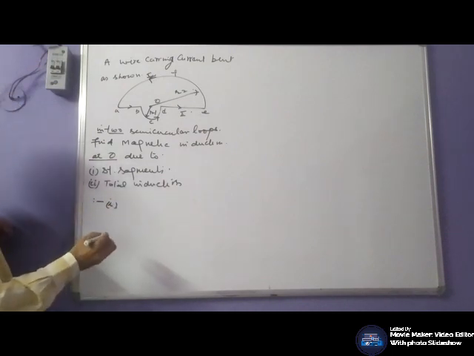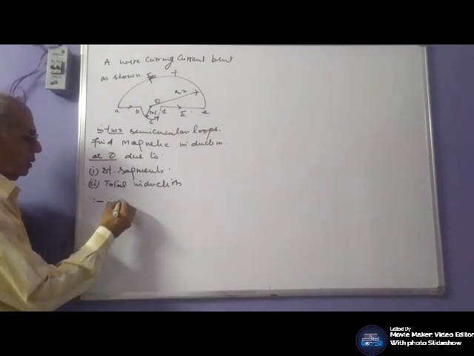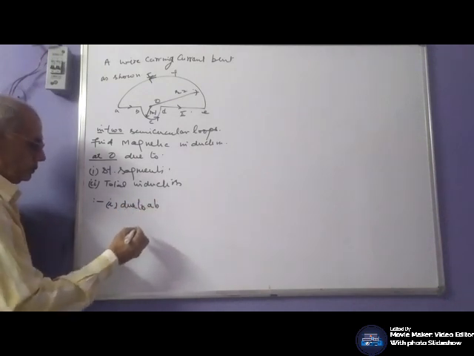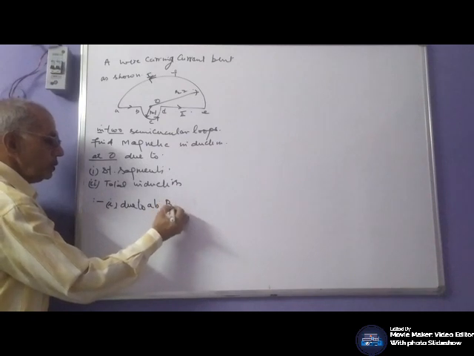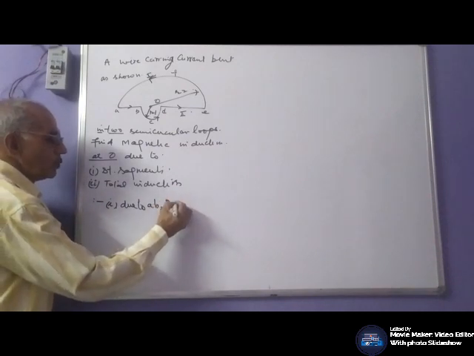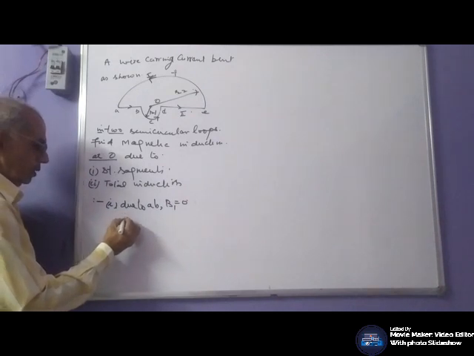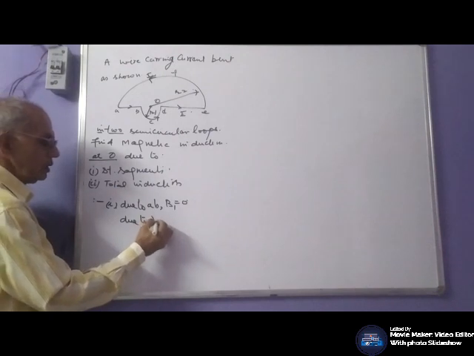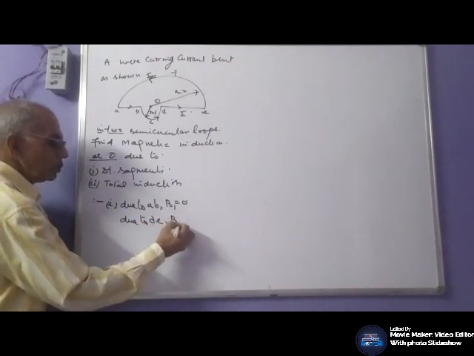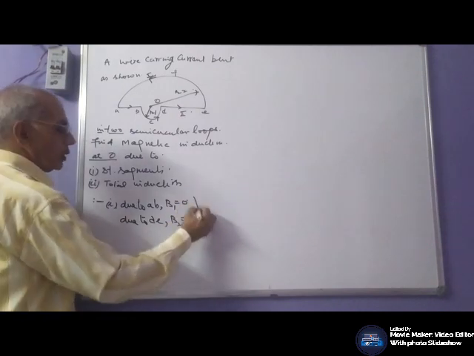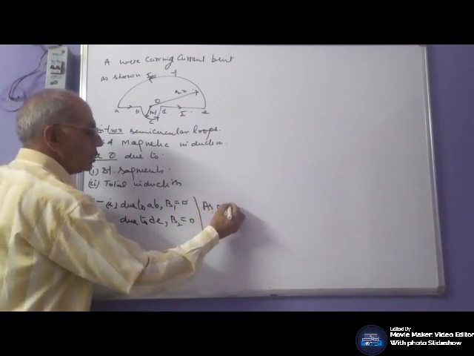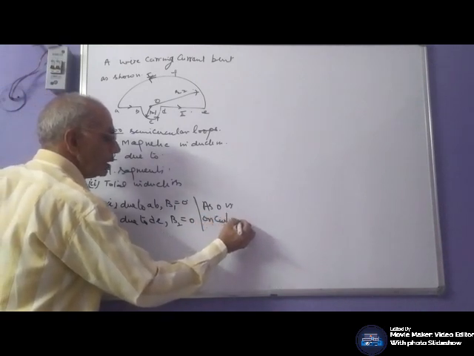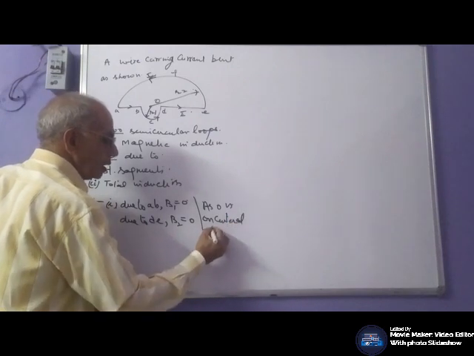First, due to AB and due to DE, B1 and B2 are 0, as O is on the central line.